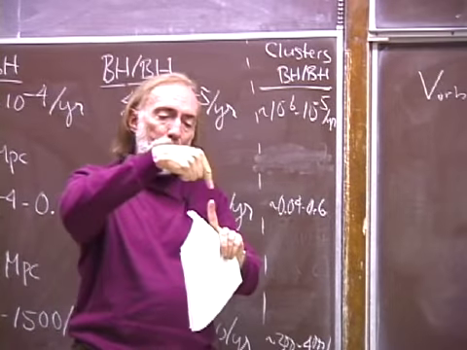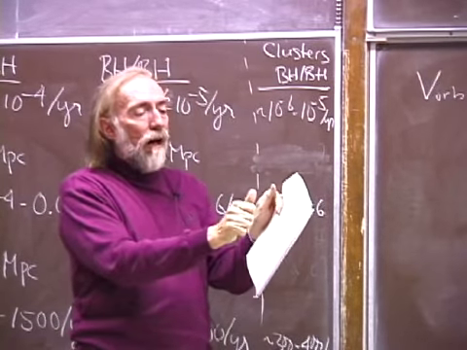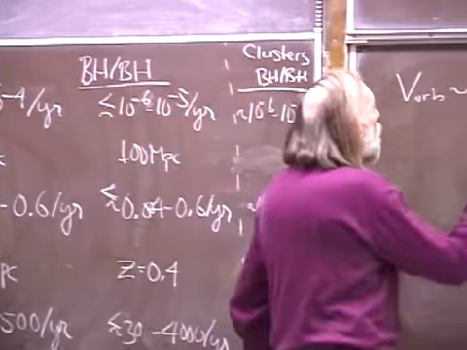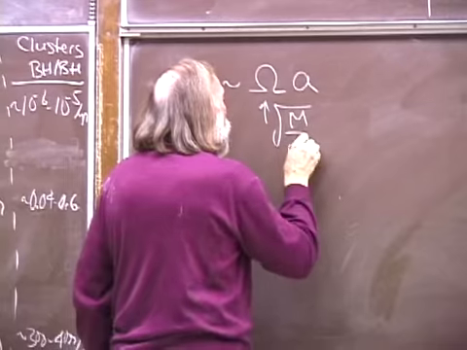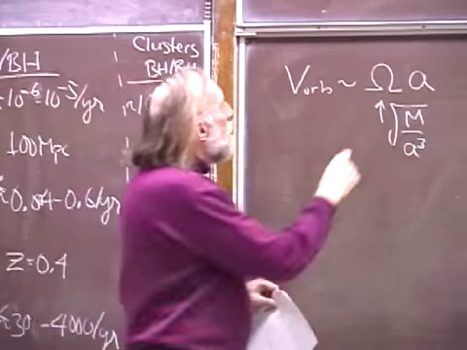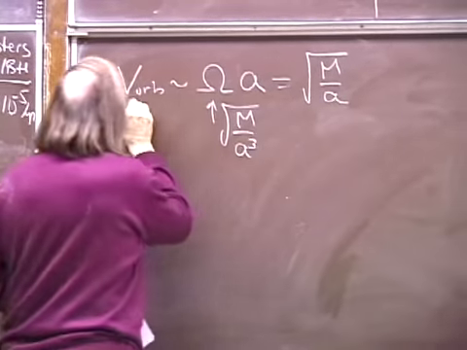The small object goes around the big object with that velocity. If they're equal mass objects, then their relative velocity is this number. Now, the angular velocity is the square root of m over a cubed, where a is the separation, m is the total mass. And so this is the square root of m over a, is the orbital velocity.